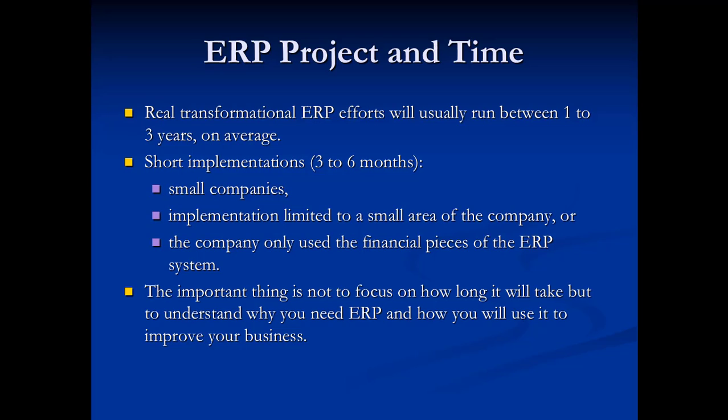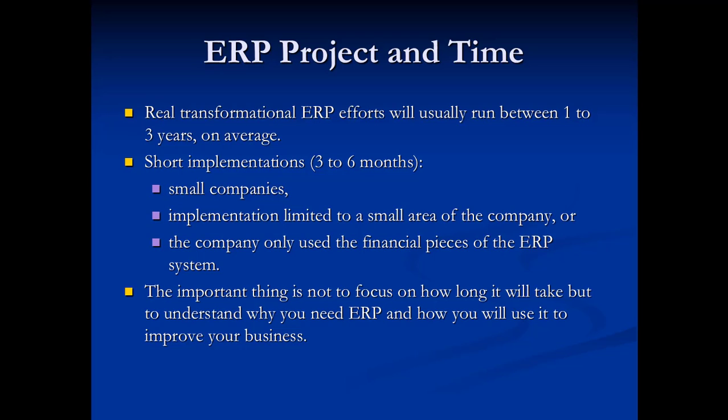The shortest implementation will take at least 3 to 6 months, or go up to 1 year, to implement the whole process. This kind of implementation can be done for very small companies where the situations are not as complicated as in a multinational organization. It can also be limited to small areas of the company.